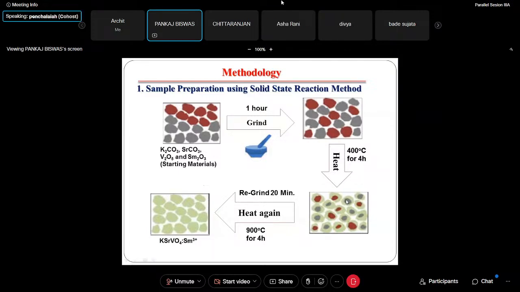After that, they were ground again for 20 minutes and subjected to heat at 900 degrees Celsius for 4 hours. Finally, a fine ground powder was obtained. The grinding took place in a very short time, 20 minutes and 1 hour, but the heat treating takes a long time, 1 or 2 days as a whole. The prepared phosphors were then preserved in vials for further characterization.